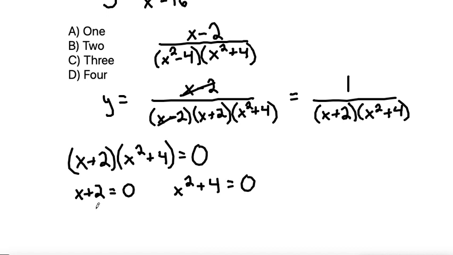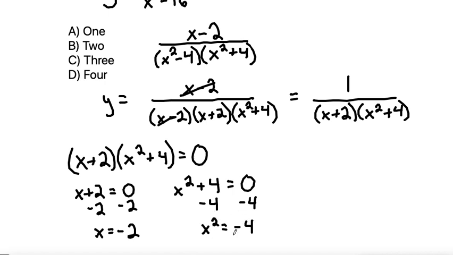Well, with x plus 2, we can subtract 2 on both sides and get x is equal to negative 2. That would be one vertical asymptote. But for this factor, if we subtract 4 on both sides to solve for x, we get x squared is equal to negative 4. At this point, I'm going to recognize that there's no number that when you square it, you get a negative.